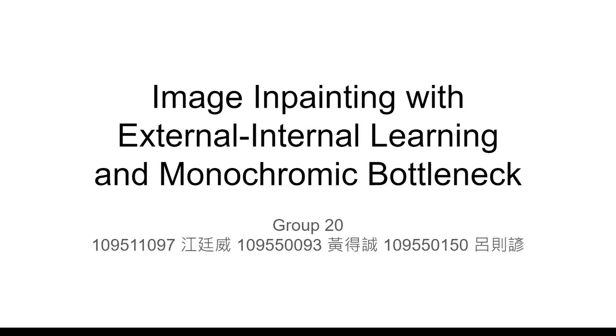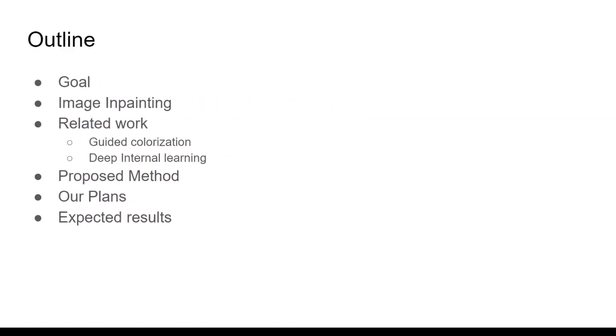Today we are going to present our proposal, Image Inpainting with External Internal Learning and Monochromic Bottleneck. This is our outline. First, we will introduce the goal of our project.